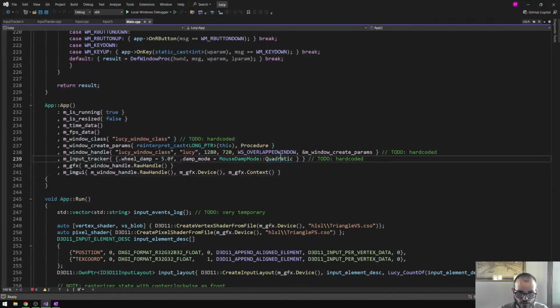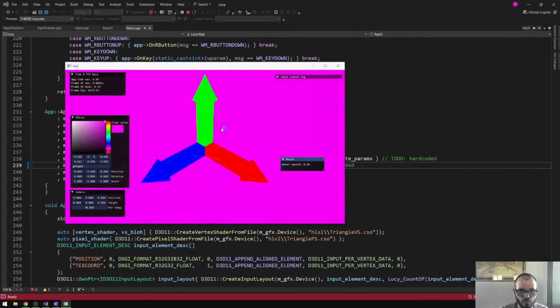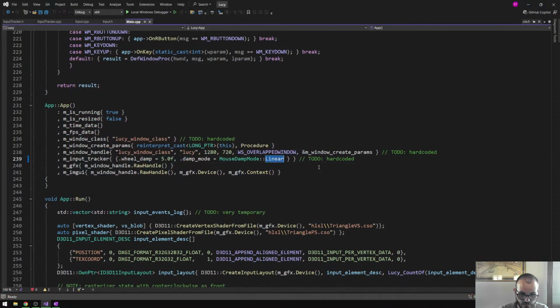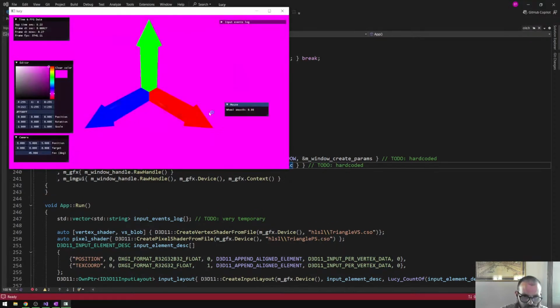Okay, let's try the linear damp mode. I think the quadratic is slightly smoother. Oh yeah, it's faster at the start and slower at the end.